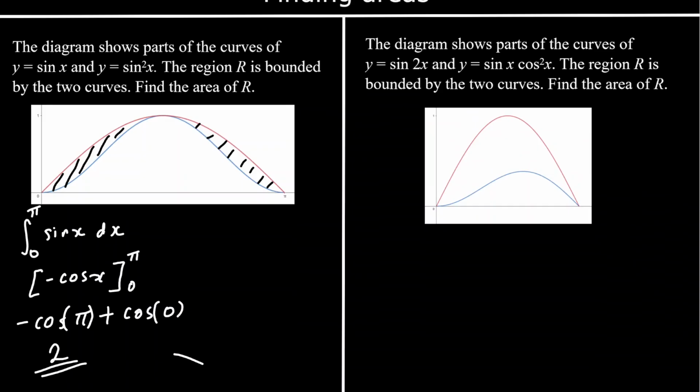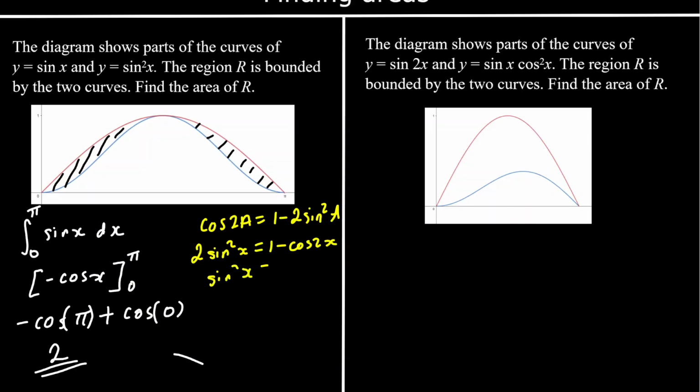And for our other area, we want to integrate sin squared x. The only way we can integrate sin squared x is by using our double angle. So it's our cos 2A. cos 2A is 1 minus 2 sin squared A. So if we want sin squared x by itself, we add it to both sides: 2 sin squared x is 1 minus cos 2x, and halve both sides.